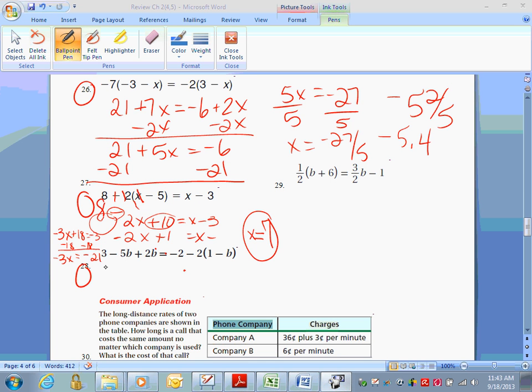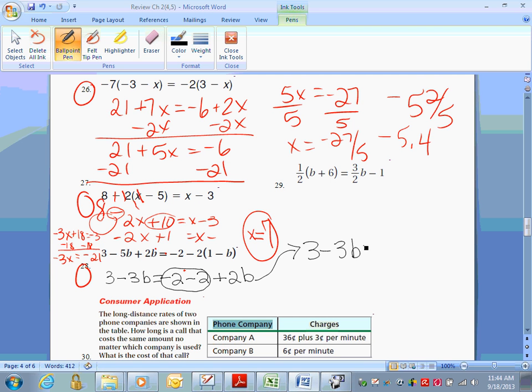Okay, so I have 3 minus 3b is equal to negative 2. Distributing the negative 2, I get minus 2 plus 2b because it's a negative 2 times a minus b. I need to put these two negative 2's together. 3 minus 3b is equal to negative 4 plus 2b.